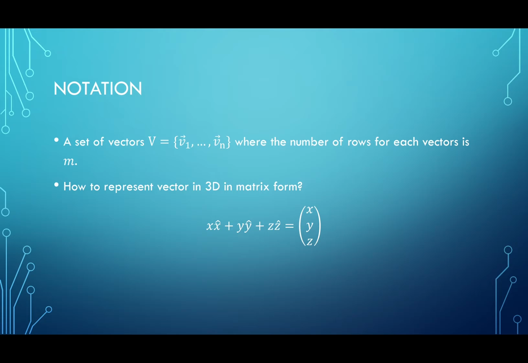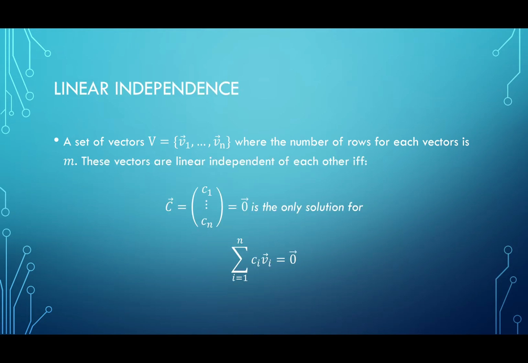So notice that n and m are not necessarily the same. Okay, because I just want to give some more complexity, or maybe technicalities, about what happens if n and m are not equal. So let's go to linear independence. So we have a set of vectors V where the number of rows for each vector is m.